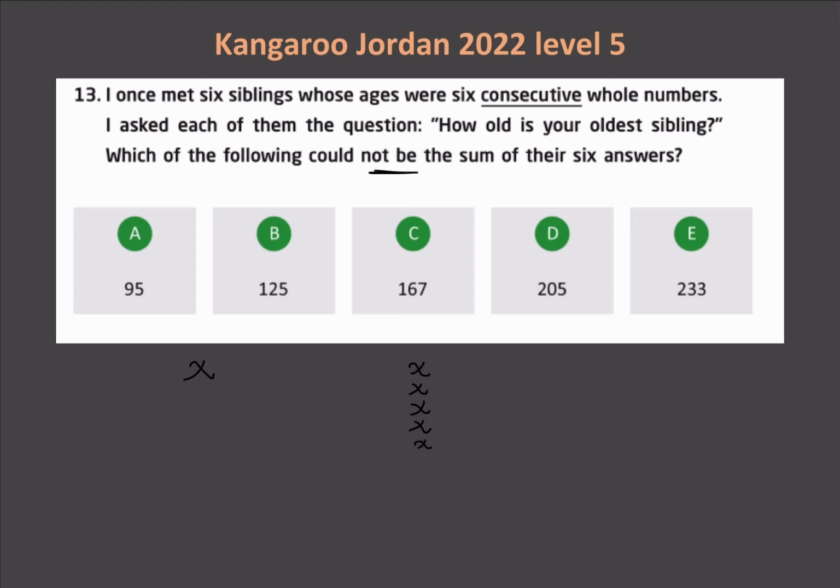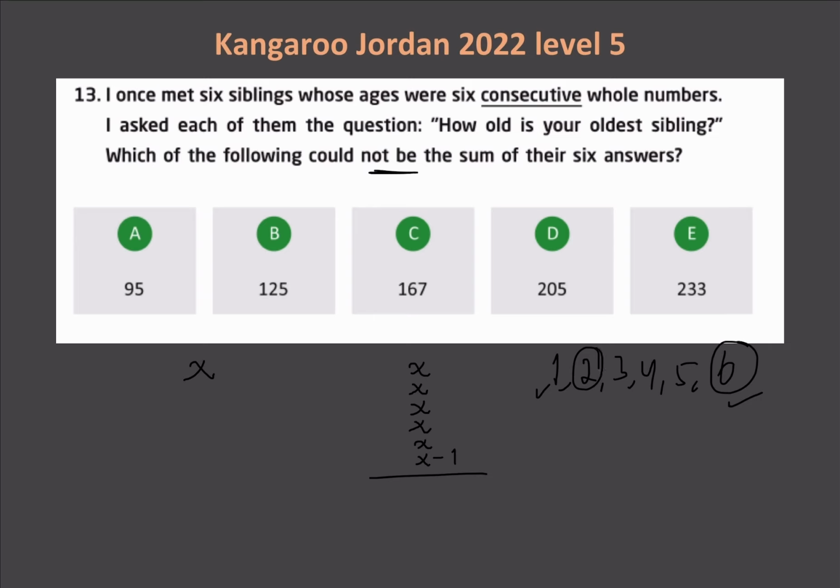How about if I ask the oldest one? He would think, from the other siblings, which one is the oldest? So he would say the answer is X minus 1. This is very important for the last one. Assume the ages are 1, 2, 3, 4, 5, and 6, so the eldest one's age is X. If you ask the first one, he would say that the oldest is 6.